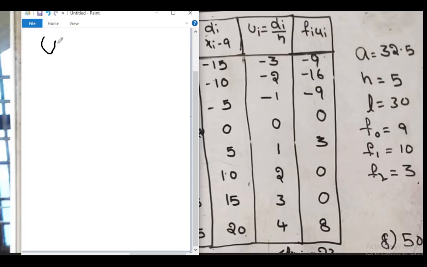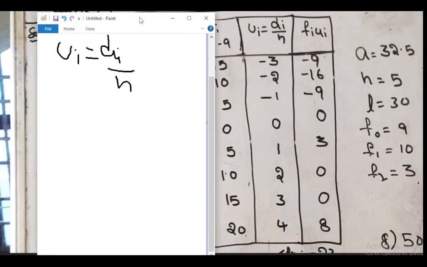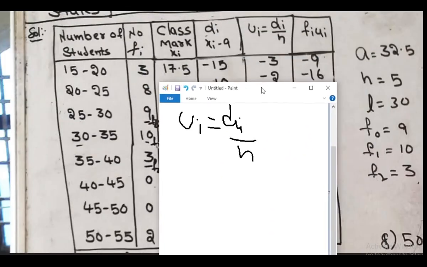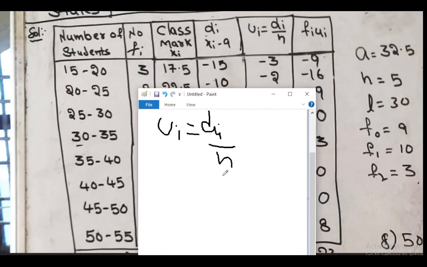That is ui is equal to di by h. This is the formula to find the step deviation: if you divide the deviation by the class height h, we get the step deviation.